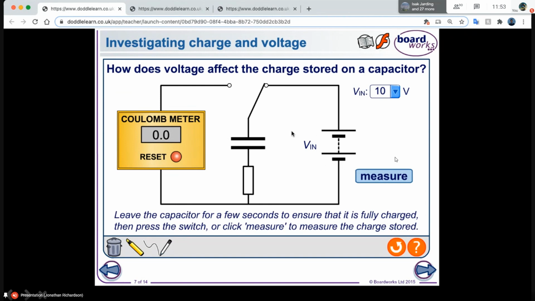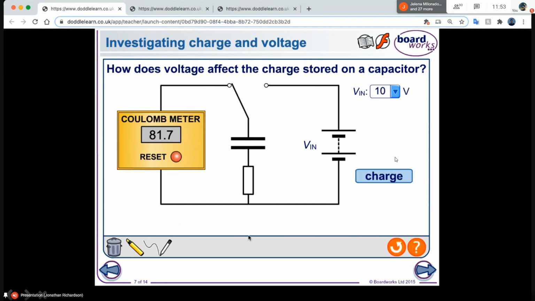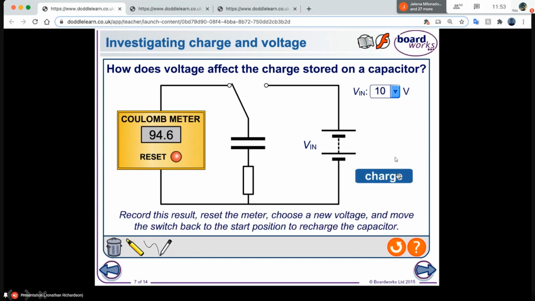We've charged this battery, and if I now click measure, I can measure the amount of charge that was stored on that battery. So if we now click this, what I've now done is taken all of the charge and stored it in this circuit.